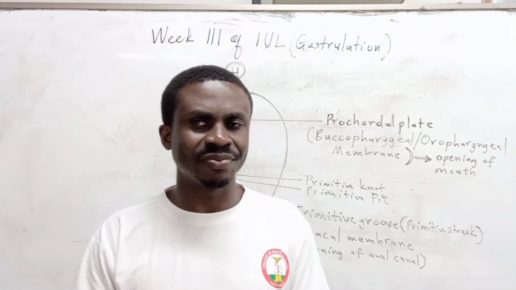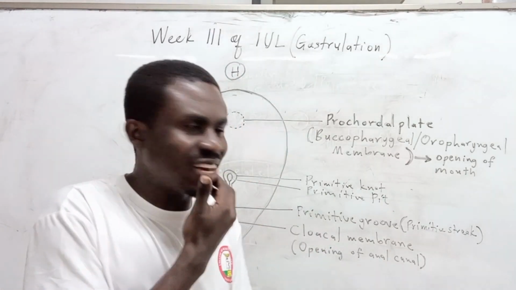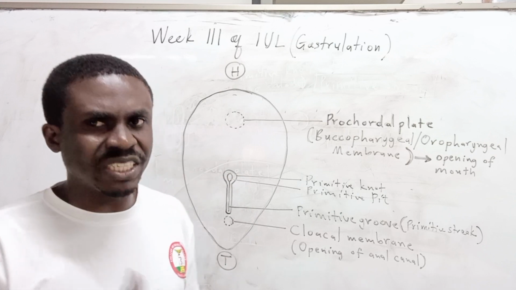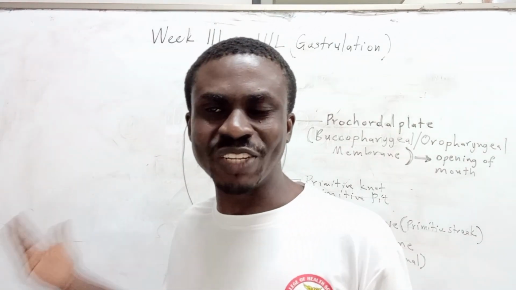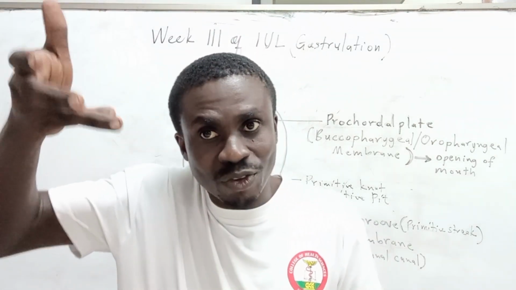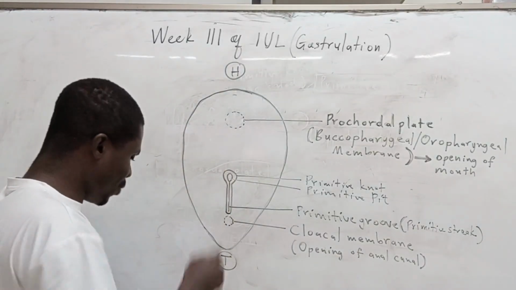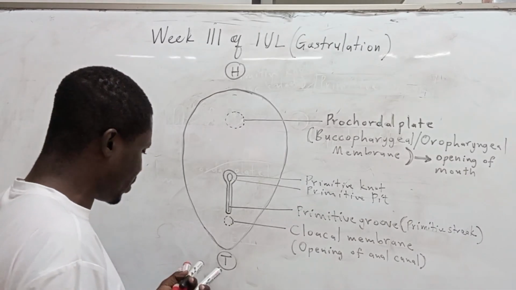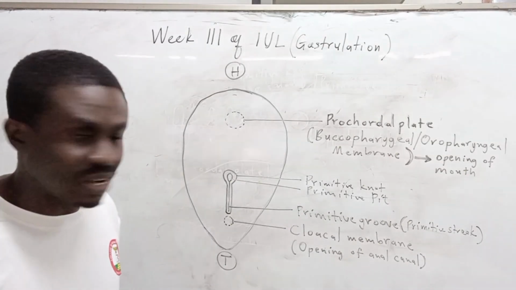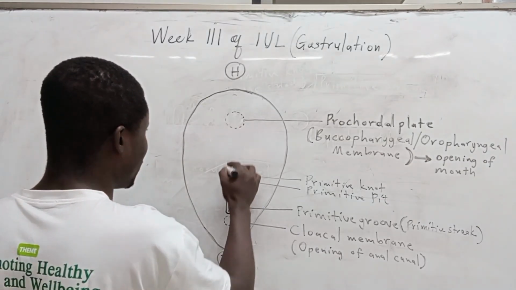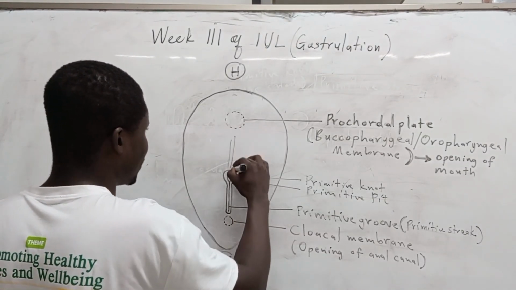Now one more thing. This primitive knot will arise from this primitive streak. Yes, the cranial end of the primitive streak is the primitive knot. So at the cranial end over here, we see something. Let me use the same color that is coming from this same thing. So this is that guy.